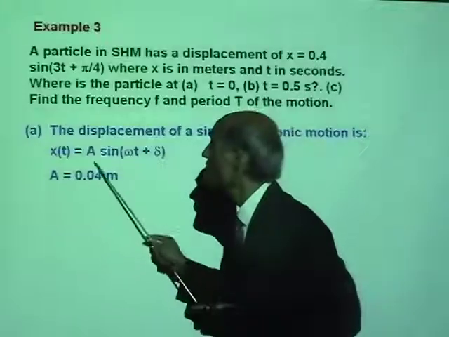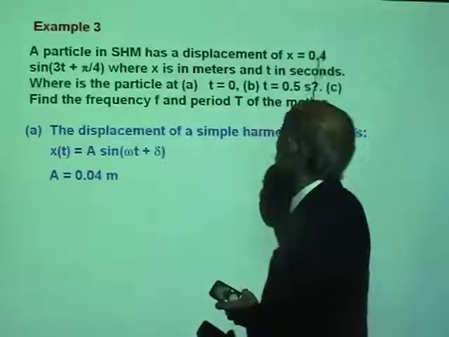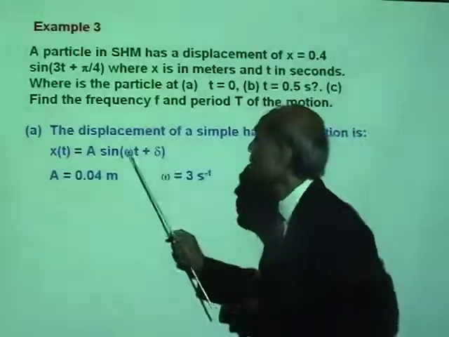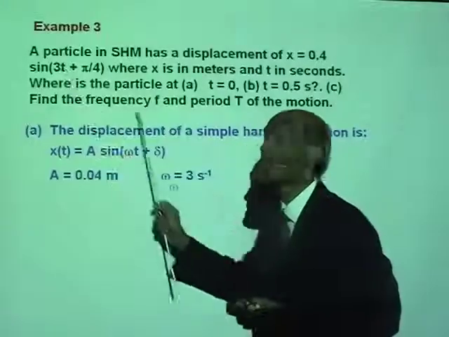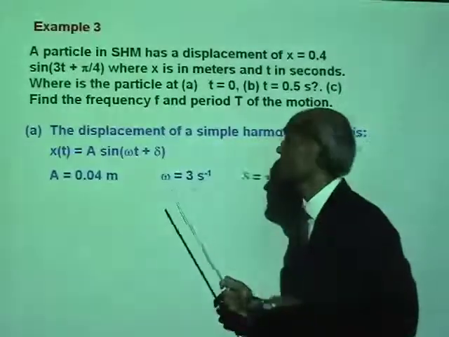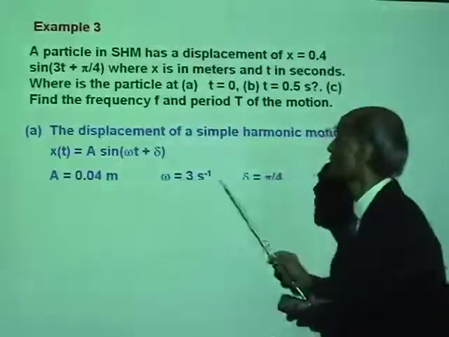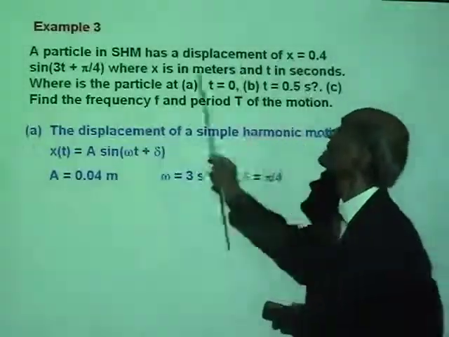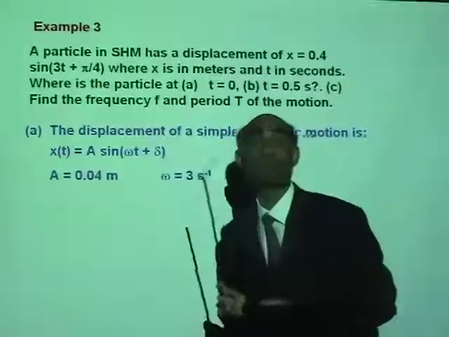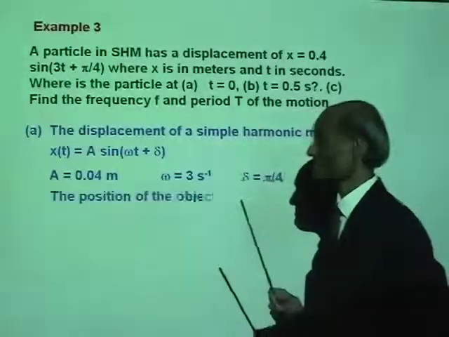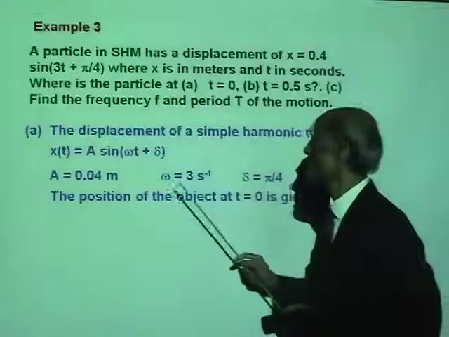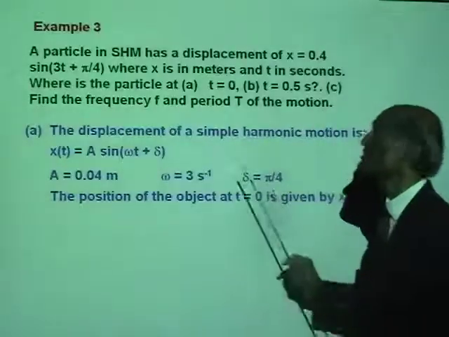So amplitude A equal to 0.4 meter, omega equal to 3 hertz, and delta equal to pi by 4. This is the information contained in the given position function. Alright? The position of the object at t equal to 0.